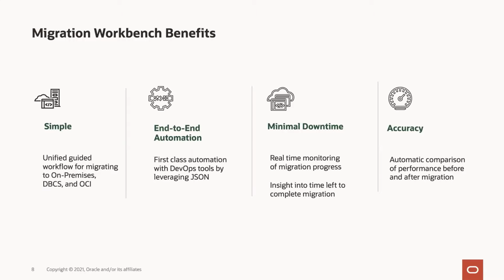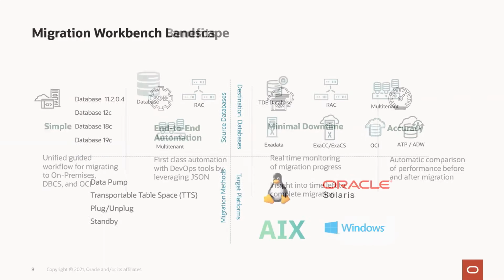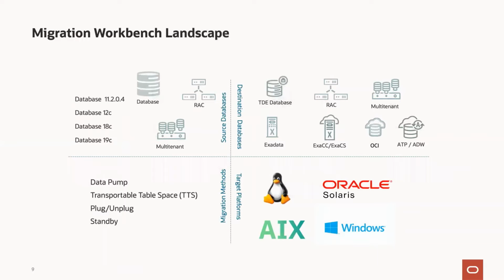With this workbench, you can migrate databases from 11.2.0.4 onwards, be it single instance database, RAC, or multi-tenant. And if you have 12c, 18c, or 19c, it supports all of those database versions.